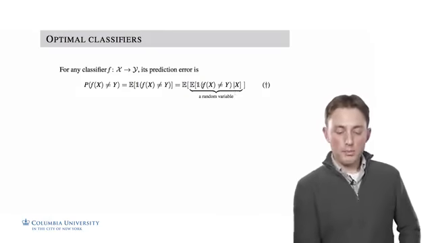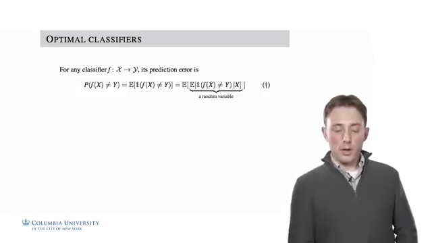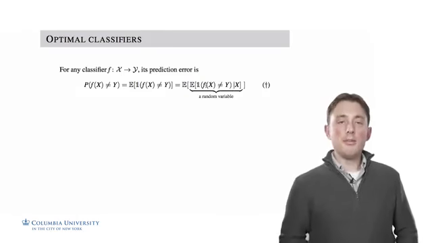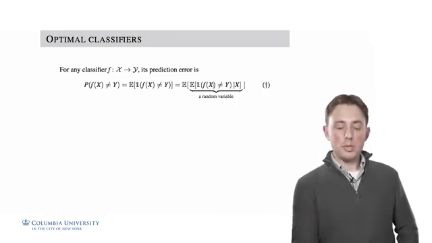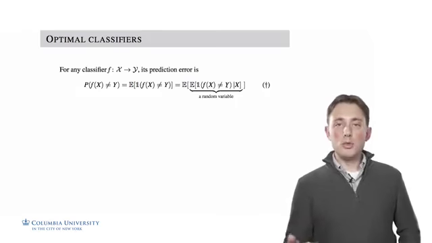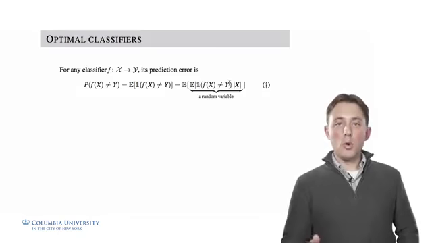So this might be a bit confusing. Why is this a random variable? So our classifier is not random. Given x, f of x is not a random variable. So our classifier will always predict the same label for a particular x. However, we assume that the underlying distribution does not have a deterministic distribution on y given the x.